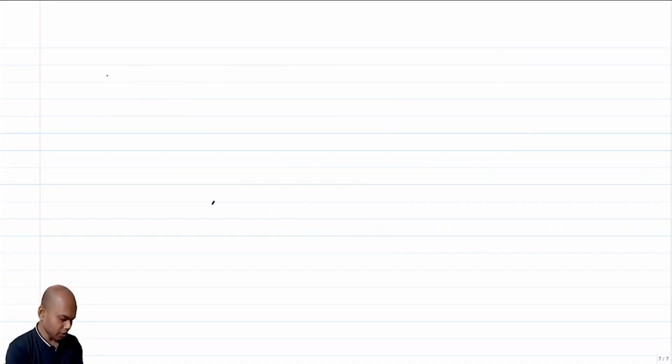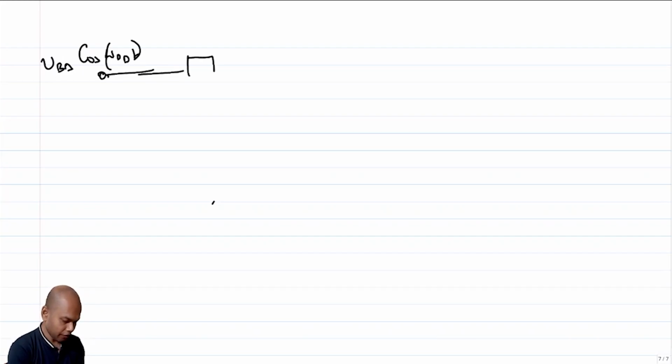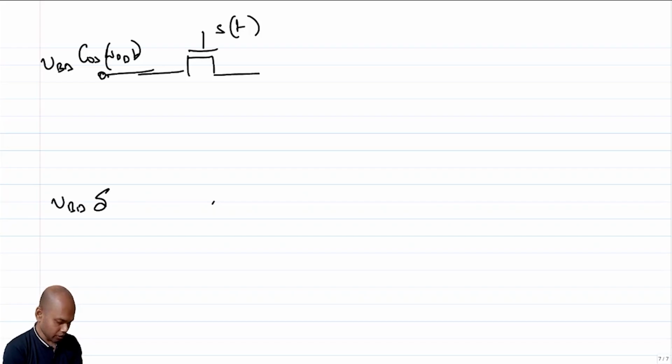And how do you go about putting your switches? So you have V_BB cosine omega BB t, and you have a switch here which is being driven by S(t). Then obviously here you have V_BB sine omega BB t.